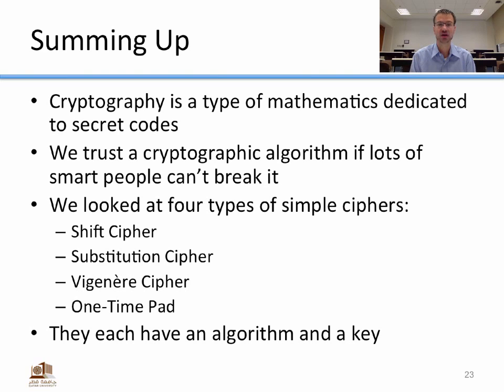But it is an important concept to understand that, other than the one-time pad we talked about today, no cryptographic algorithm is 100% secure. The security is only based on the fact that we don't know how to break it. We looked at 4 types of simple ciphers: a shift cipher, a substitution cipher, a Vigenère cipher, and a one-time pad. Each of these ciphers has an algorithm that's not a secret and a key that is a secret.